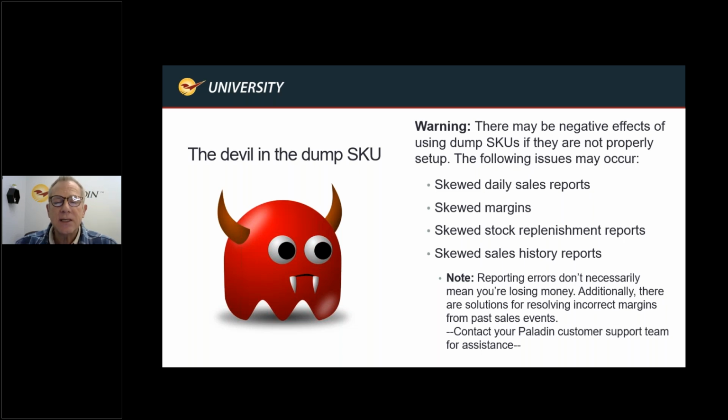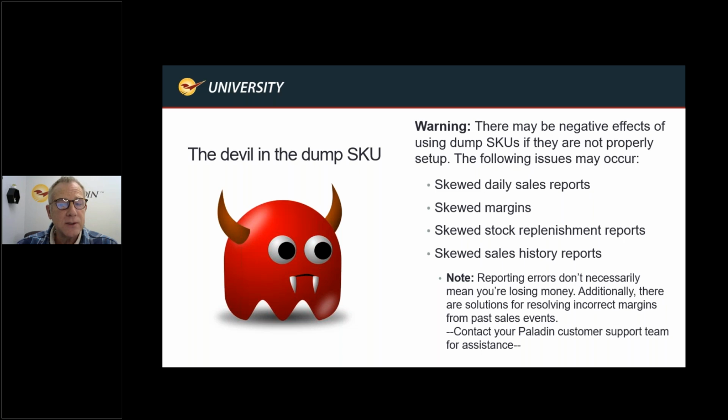And that's because unless you do it right, you may not have revenue associated with the dump SKU, or it might not be tied to a particular department. And when you have those things not set up properly, you can get reporting errors. But don't worry, it doesn't necessarily mean that you're losing money when you see reports with little or no revenue and margin. It just means that we need to correct some of those and set it up properly from that moment forward.